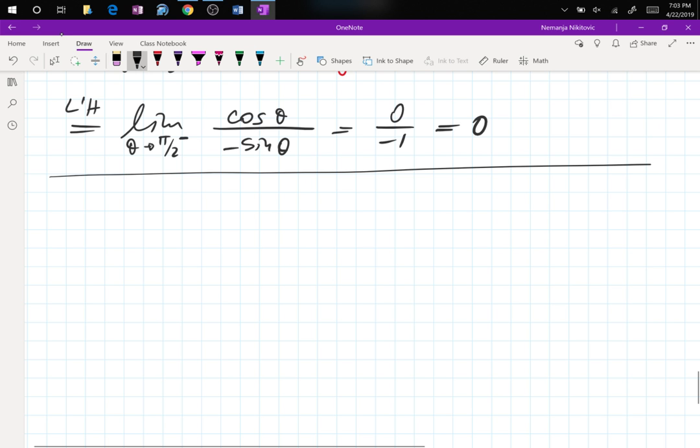All right. The last case is the group of all exponential cases, and we just put them on the pile. So 1 to infinity, 0 to 0, and infinity to 0 cases.